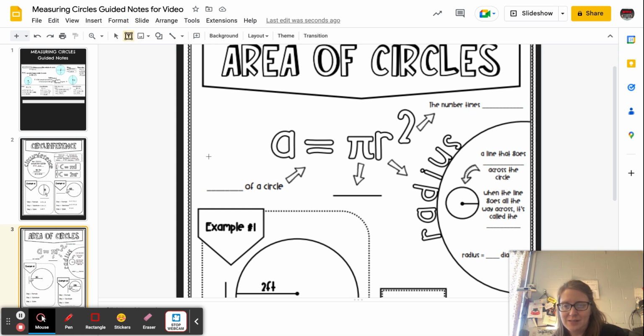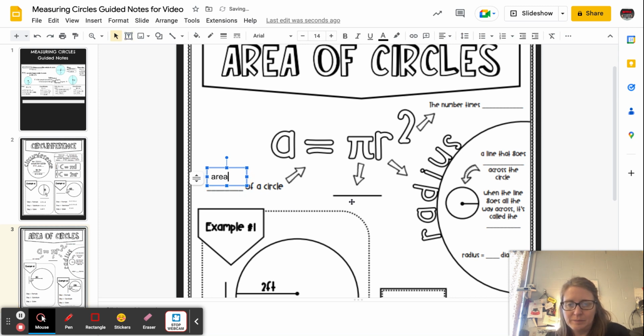So let's go ahead and plug these in. A is area. Pi, we're going to approximate with 3.14. Radius, we're going to go through that in just a second. And then squared is the number times itself. So plug those in.